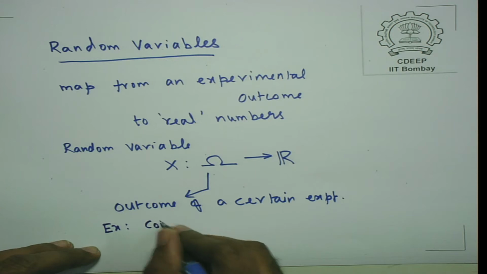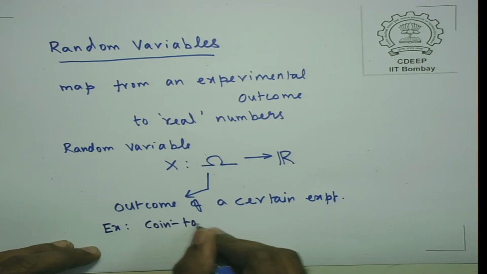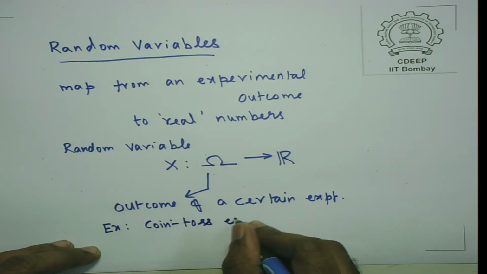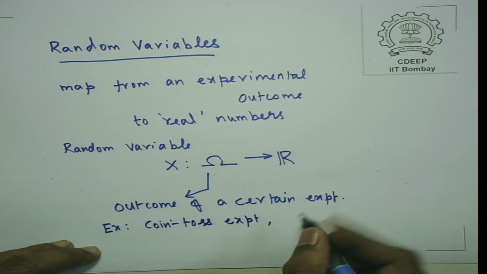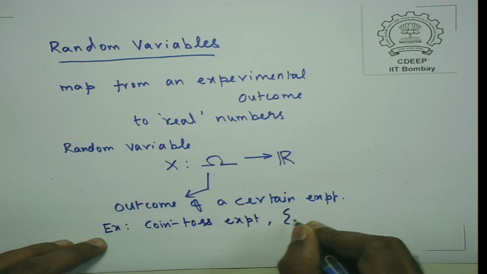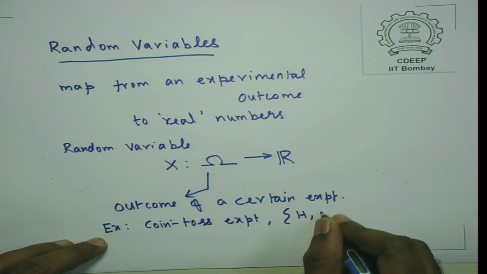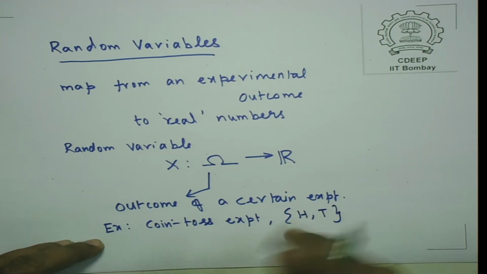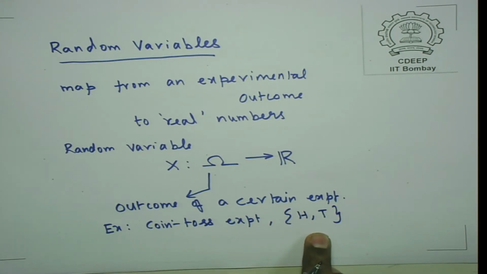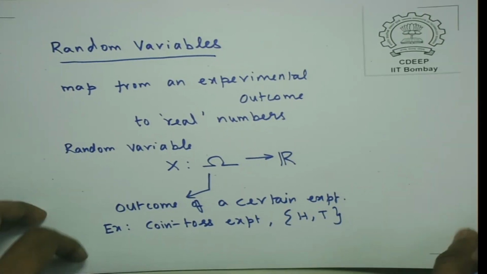Of course, if you consider the coin toss experiment, then omega would be heads and tails. So these are the possible outcomes, and each of this is an event, and how to map this event such that this event has occurred is done using this random variable.